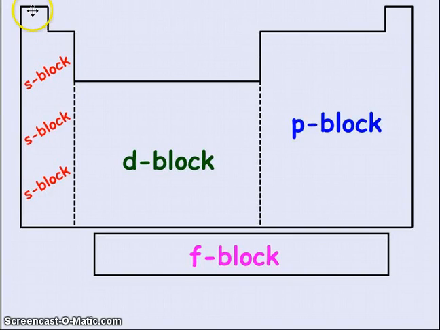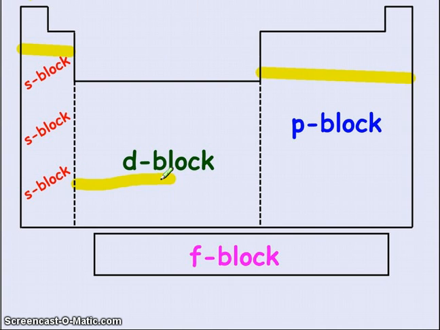The S block is the first two groups on the periodic table. And just like when we were doing electron configuration, two electrons maximum on an S sublevel. The P block are the six groups on the right hand side of the periodic table, six electrons maximum in a P sublevel.